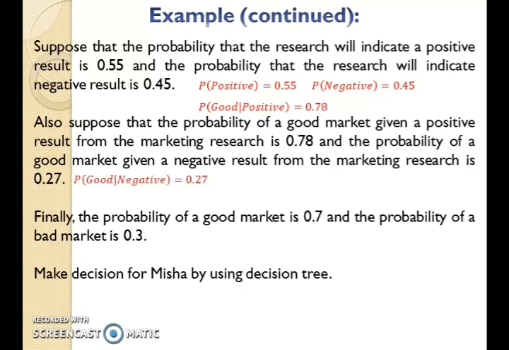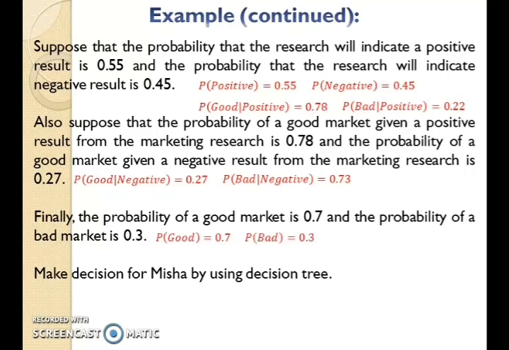From here, we get the probability of a bad market given a positive result equals 0.22 and the probability of a bad market given a negative result equals 0.73. Finally, it says that the probability of a good market is 0.7 and the probability of a bad market is 0.3. Now that we have all probabilities, assign them to the tree.